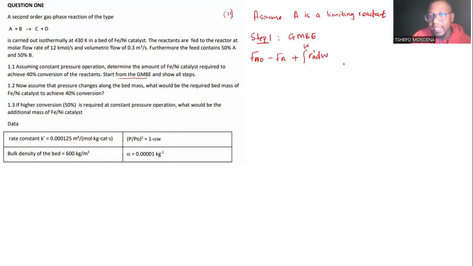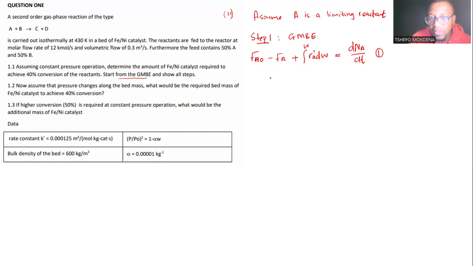This is equal to the accumulation, dN_A divided by dt, right? So this is the general mole balance equation, and I will call this equation number 1.